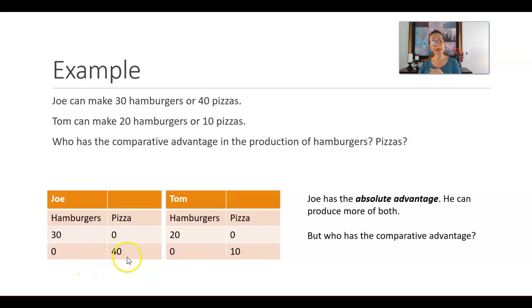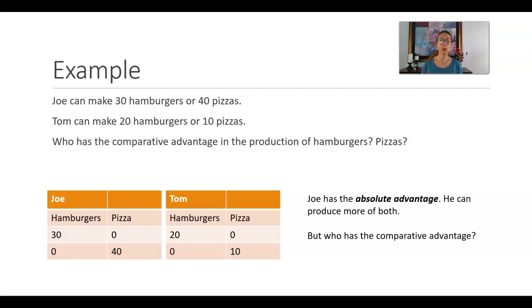Or he can make 40 pizzas and 0 hamburgers. If we look at Tom's situation, Tom can make 20 hamburgers and 0 pizzas, or 0 hamburgers and 10 pizzas. So it's pretty clear that Joe has the absolute advantage. He can produce more of both items than Tom can.